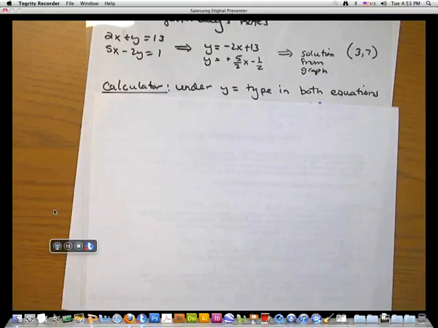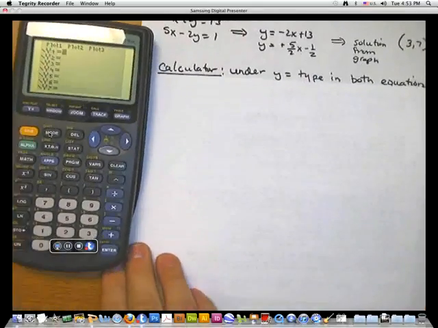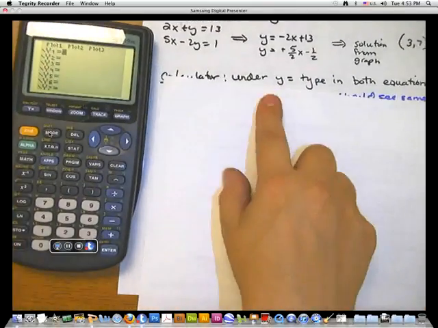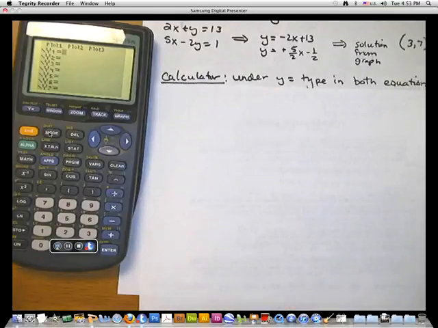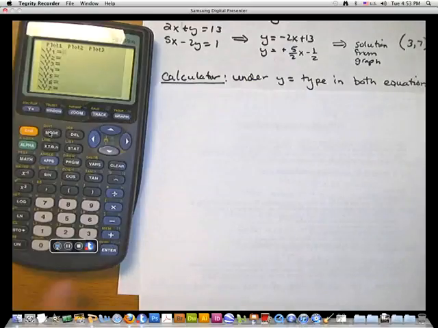So the very first thing that you're going to do is in your calculator, make sure everything is cleared out. Under the y equals, which is this top left button, you're going to type in both equations. When we type it in, we have to put in the mx plus b form.